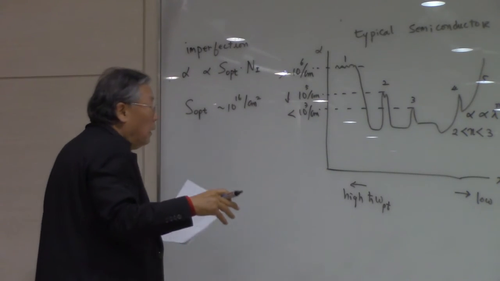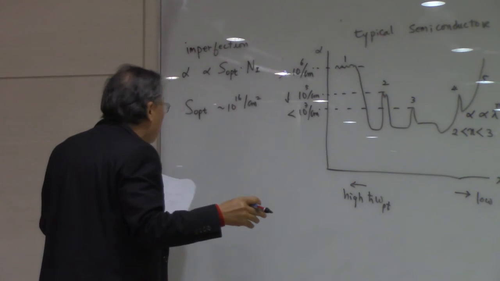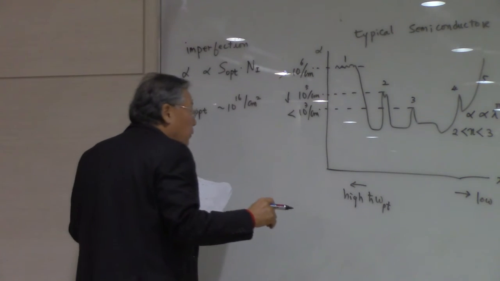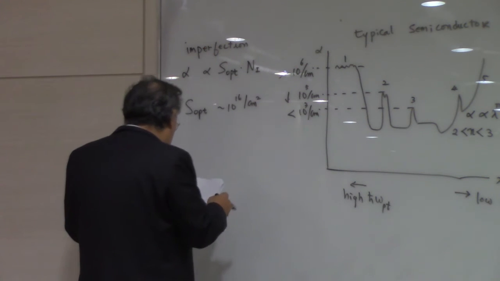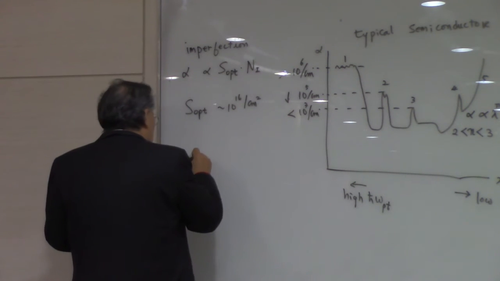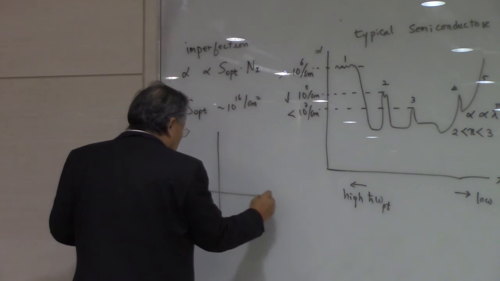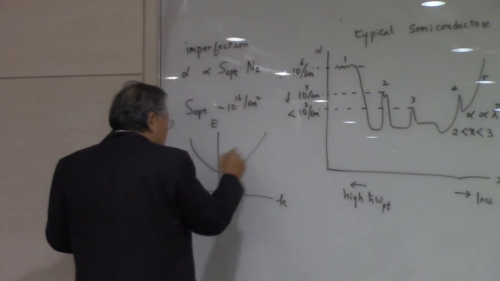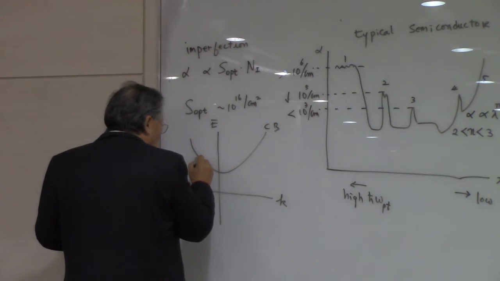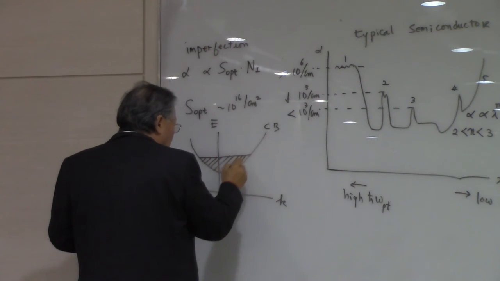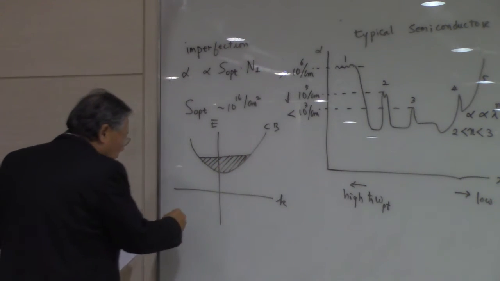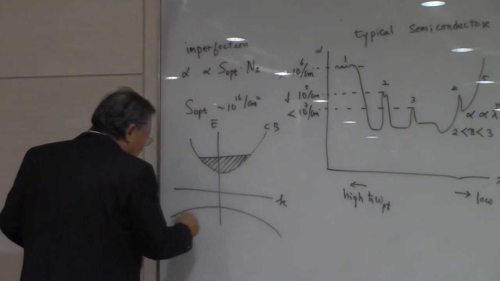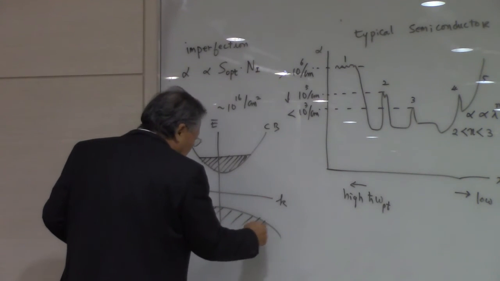Now, in order to understand the free carrier absorption in a metal, the phenomenon itself is going to happen in the conduction band, where the electron is going to be filled. This is the typical metal. Of course, you have a valence band, and the electrons are filled in the valence band.